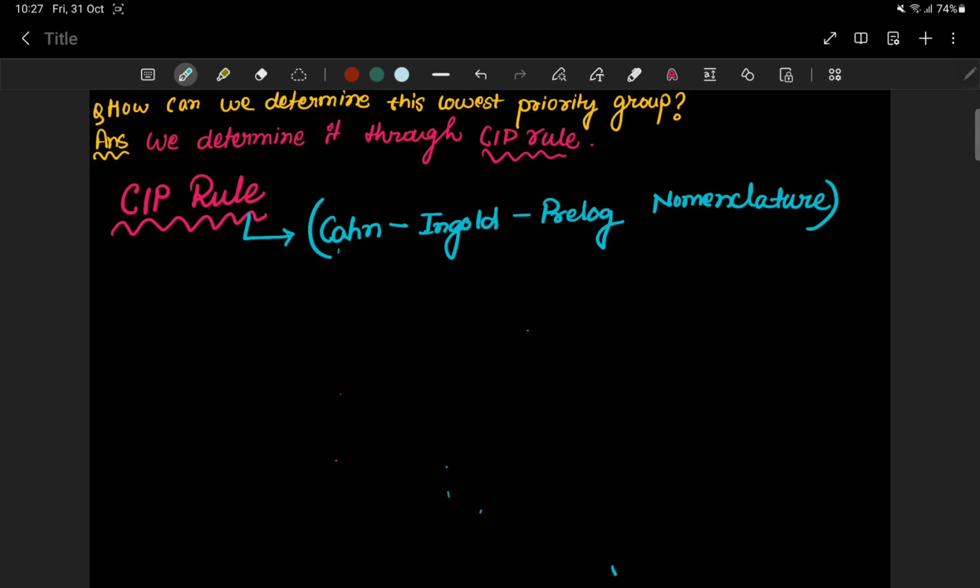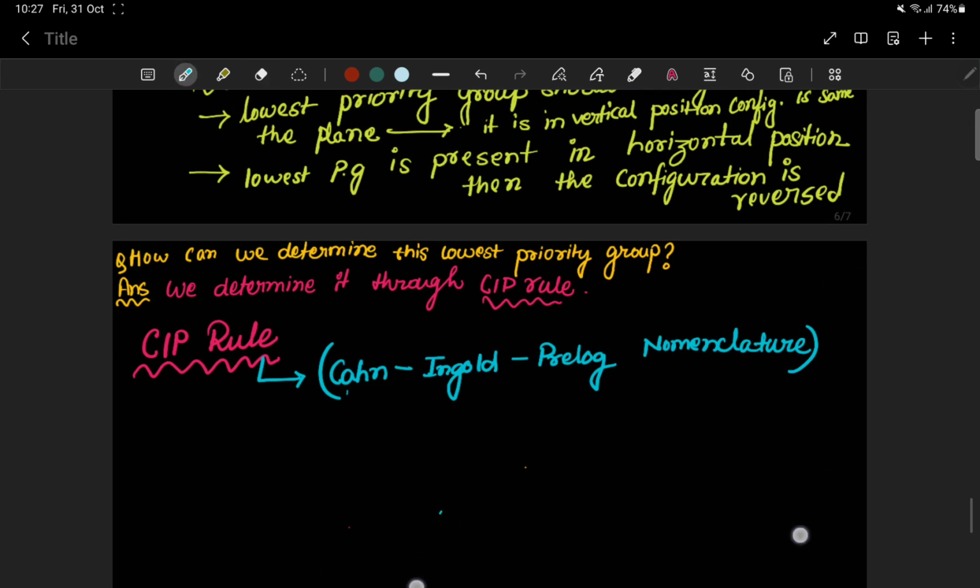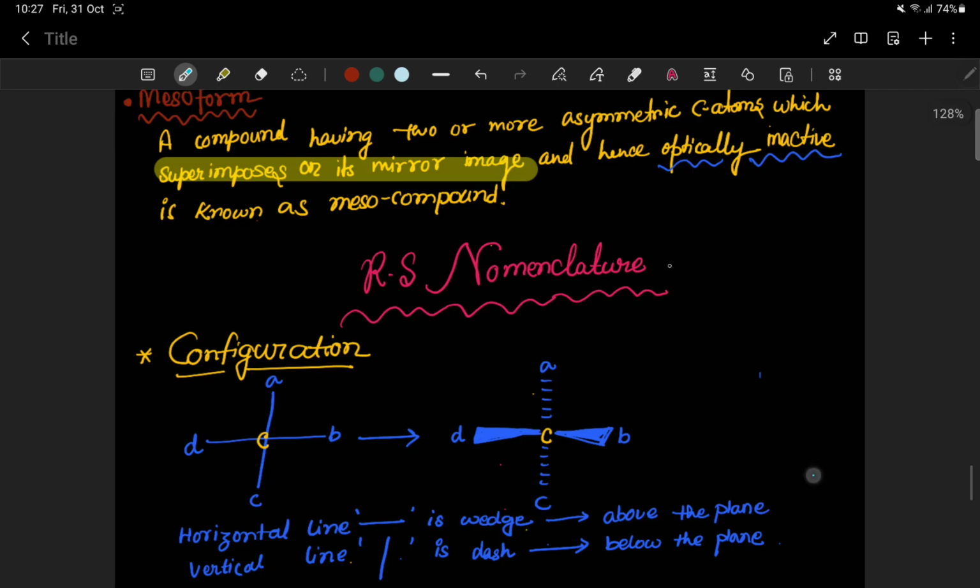So here, what are we going to know from here? First, when I am talking about R configuration and S configuration, I want to make one thing clear. What is R and what is S? I will go next, but just one simple thing. See, how we write R. This is our R, right? And you can see the arrow over here, how I have drawn the arrow. It is in clockwise direction, right?